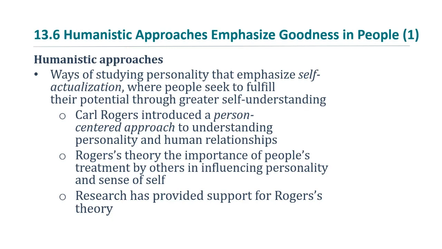According to Carl Rogers, one of the great humanistic psychologists, according to his person-centered approach, personality is influenced by how you understand yourself and how others evaluate you. Research has provided support for Rogers' theory.